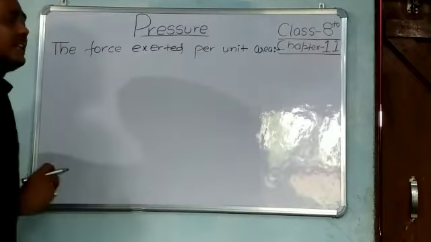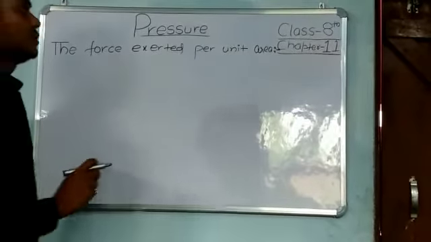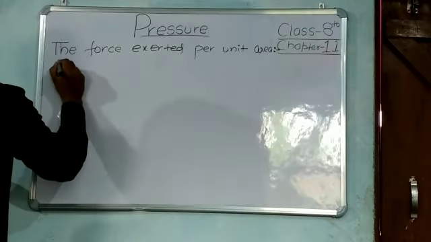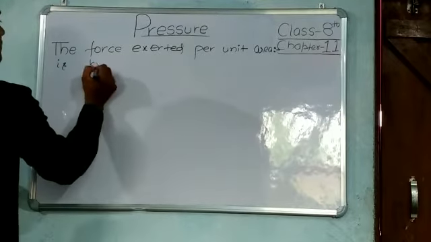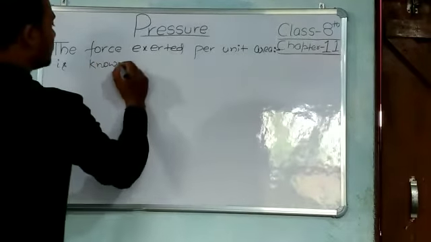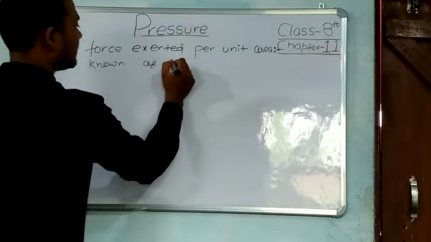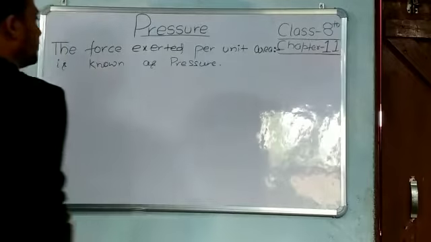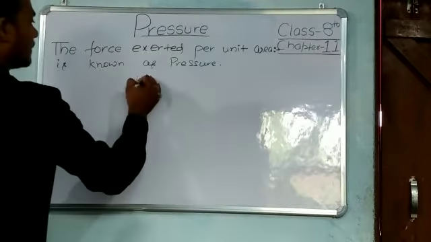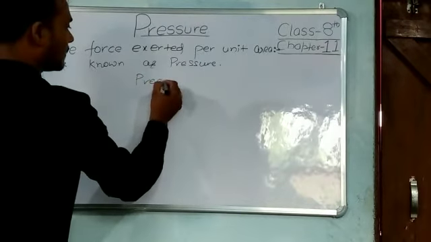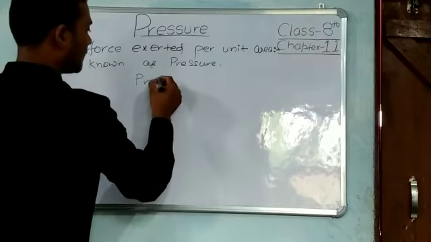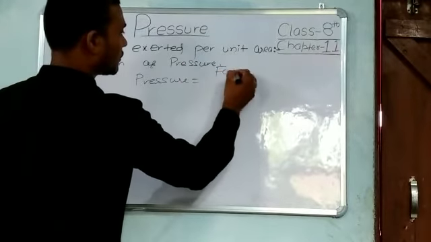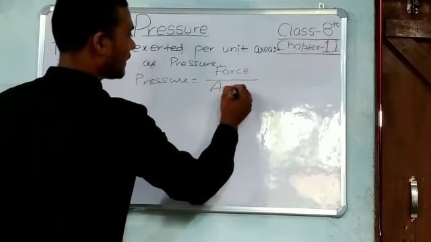The force exerted per unit area is known as pressure. So pressure is equal to force upon area.